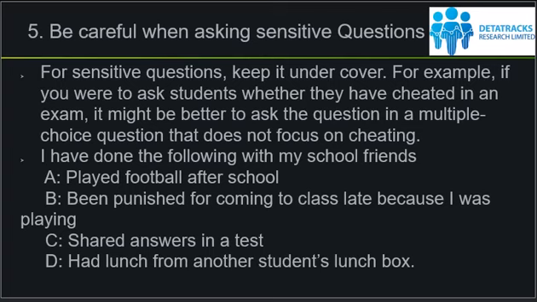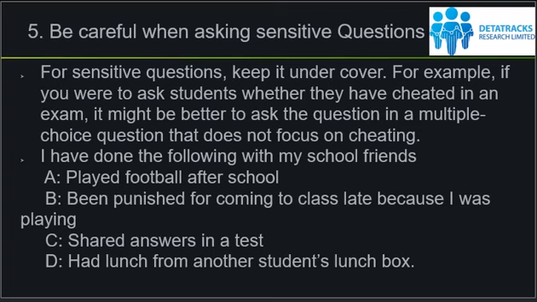I have done the following with my school friends. Then the options which are there: played football after school, been punished for coming to class late because I was playing, shared answers in a test, had lunch from another student's lunchbox.